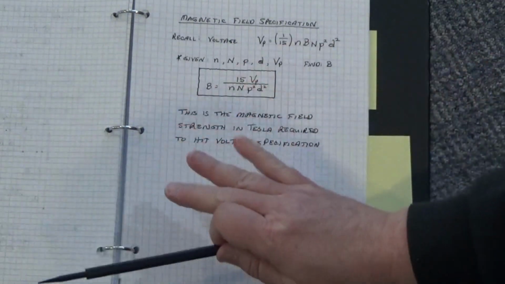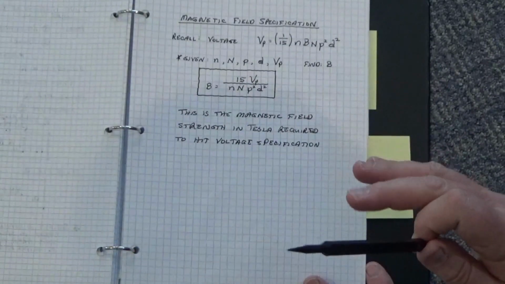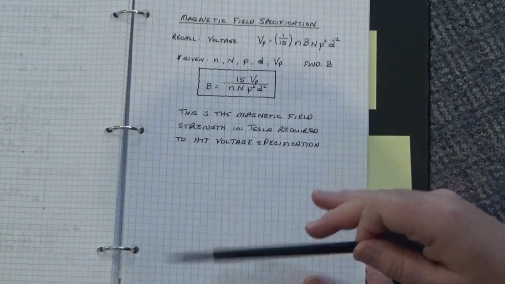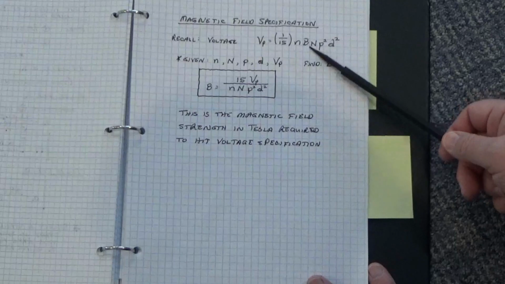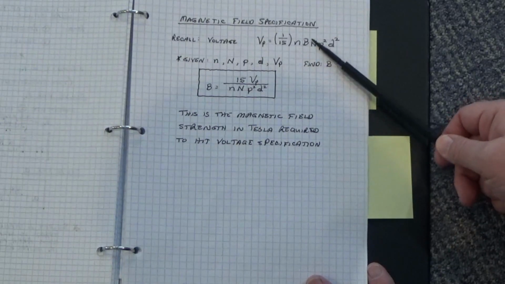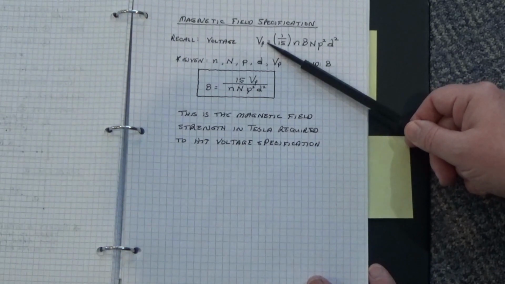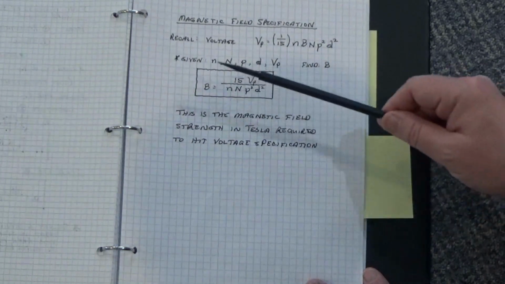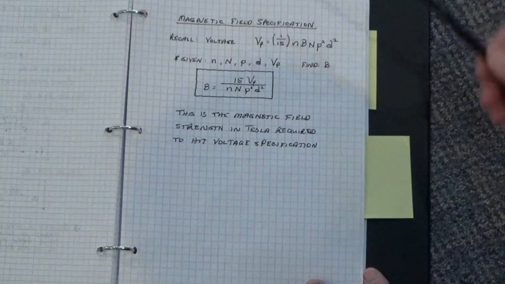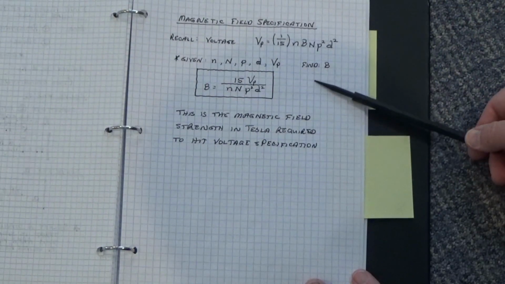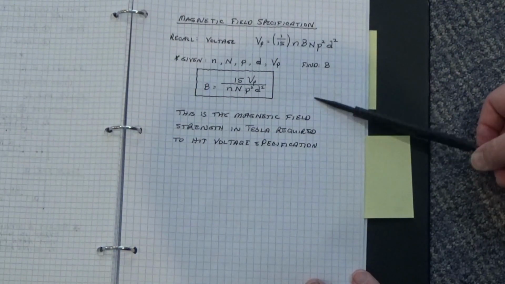The first two equations gave us number of turns and wire gauge, and this is going to tell us what we need for a magnetic field in order to meet the voltage requirement. And that will give us specifications for the magnet selection and that sort of design.